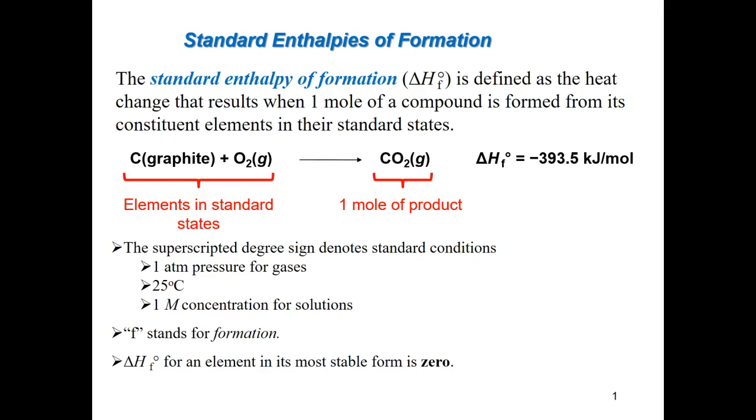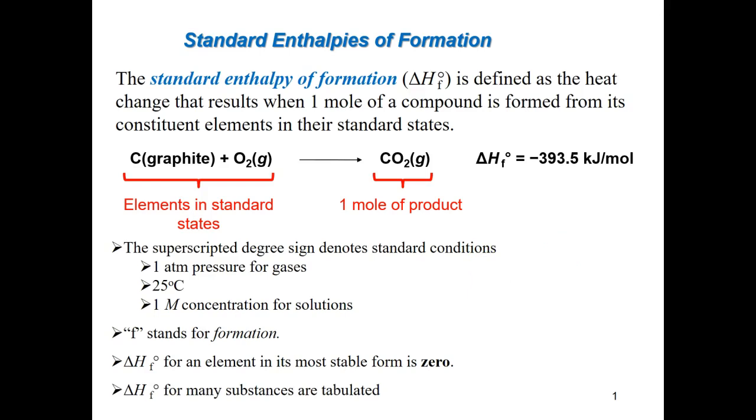One important thing to note is that the standard heat of formation for any element in its most stable form is 0. This delta HF superscript 0 for any element is equal to 0. And we'll be measuring these. The units will wind up being kilojoules per mole.